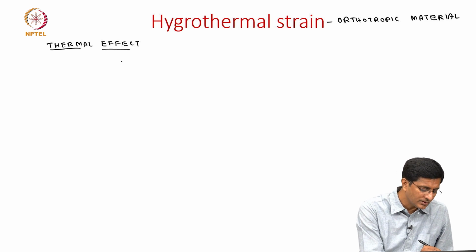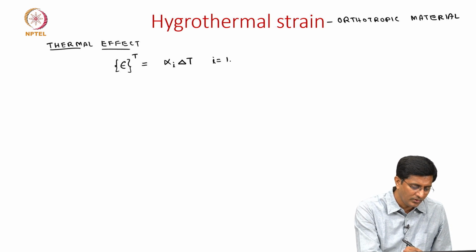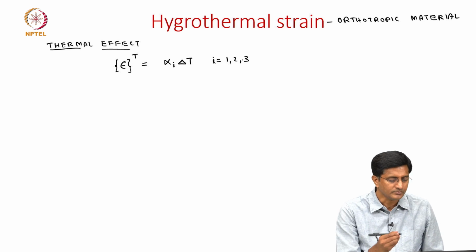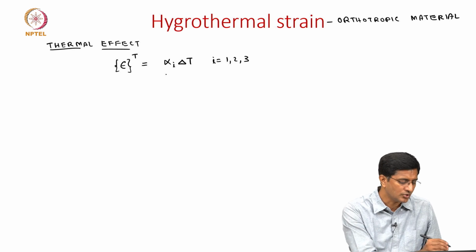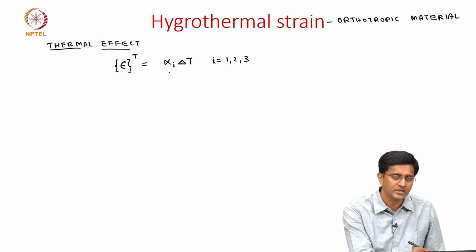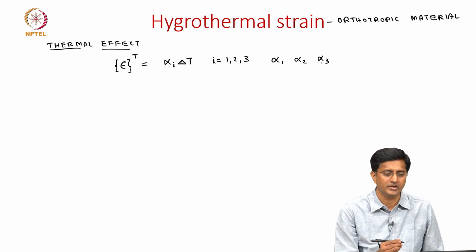Now, if we look at the strain because of thermal effects, we'll write it with a superscript T. This is given as alpha i times delta T, where i goes from 1 to 3. So if you notice, the change we made from isotropic materials is instead of writing it as alpha, now we represent it as alpha i, meaning your alpha 1, alpha 2 and alpha 3 values are different.